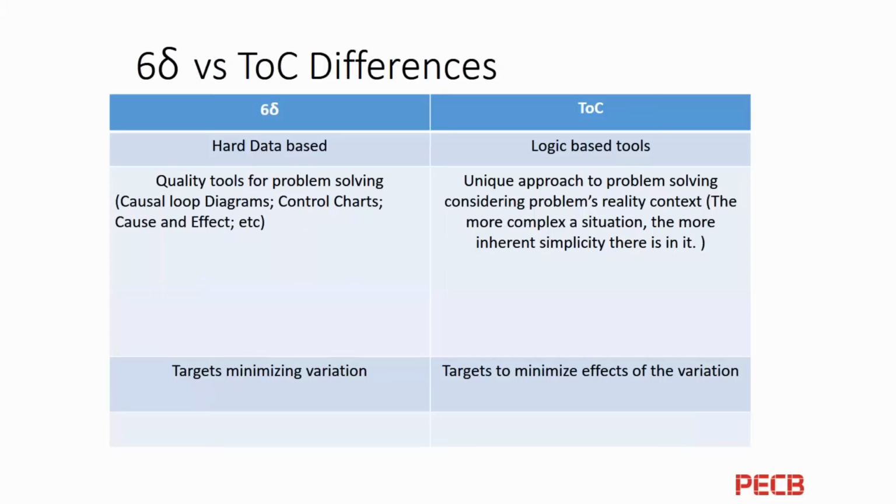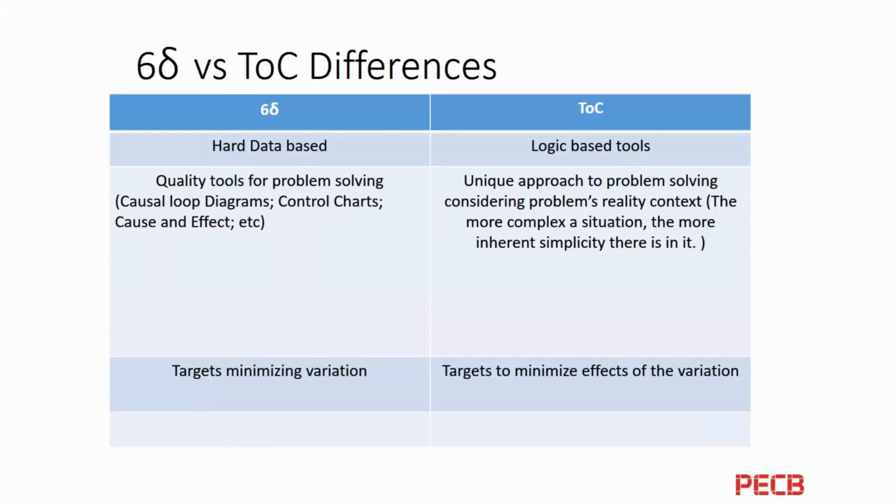We scratched the surface on the differences between Six Sigma and Theory of Constraints. On this slide, I'm reiterating what I've said before. One is hard data based, the other one is logic based. One uses quality tools for problem solving.